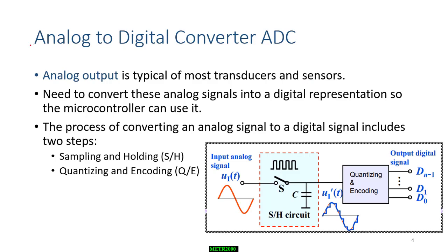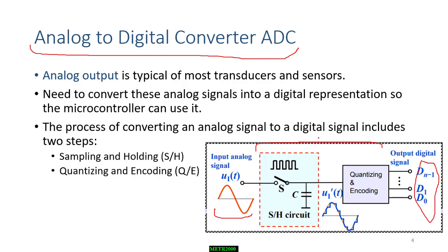Now, when we talk about analog to digital converters, the real world data is analog. In order to be processed by a microcontroller or a microprocessor, this data needs to be digital. So we need to understand how this process is done.